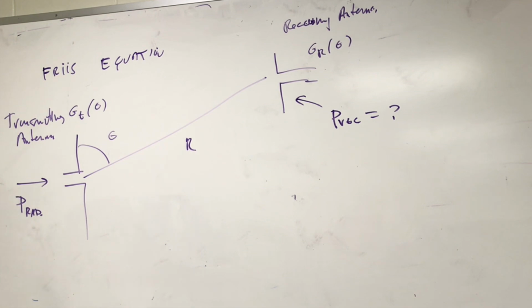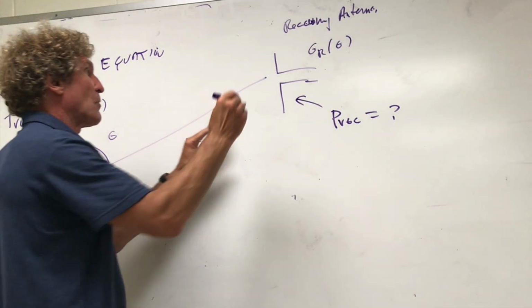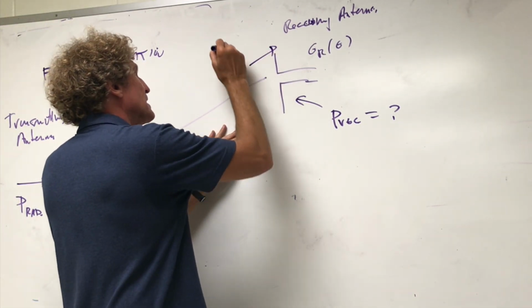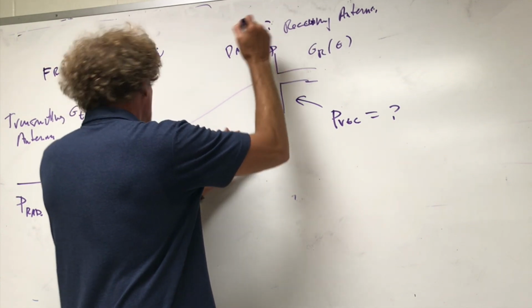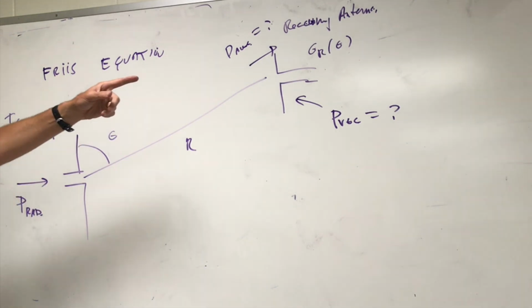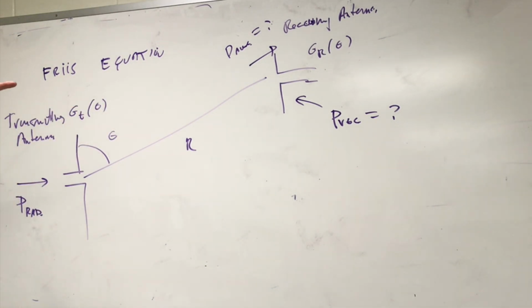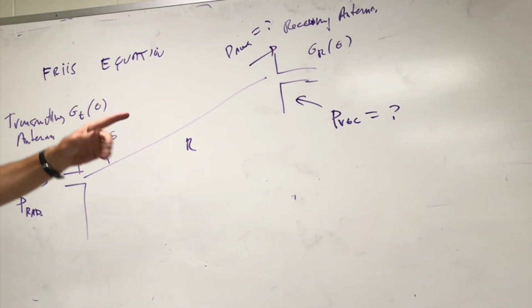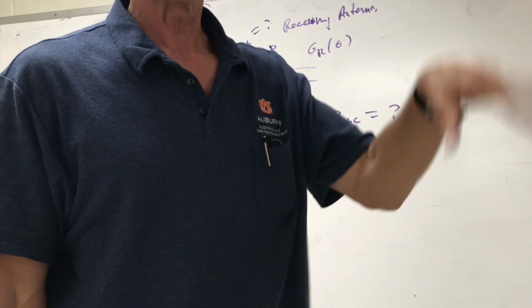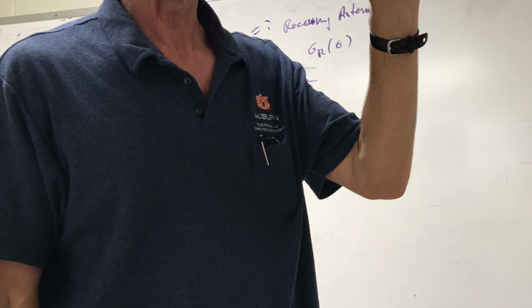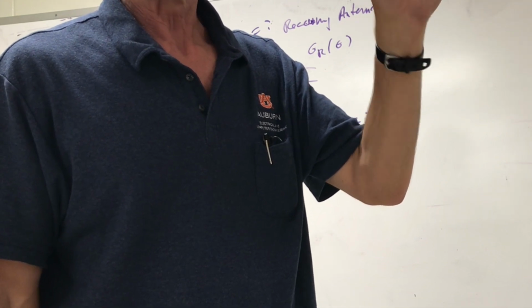The first thing we're going to do is figure out what the power density is here. We want the average power density from this antenna at the point where the second antenna is located. It has nothing to do with the type of second antenna, just that observation point, a given radial distance away, at a given angle, either elevation and azimuth or whatever.